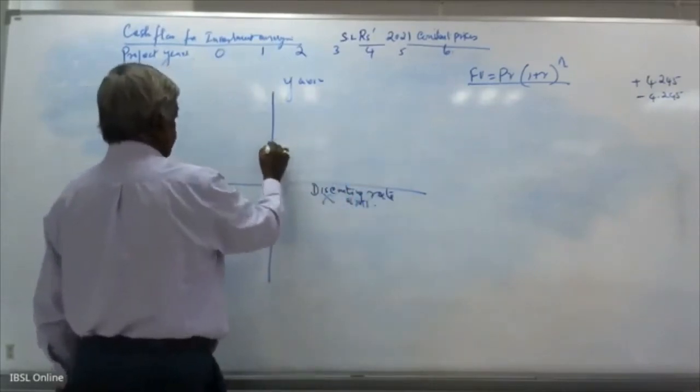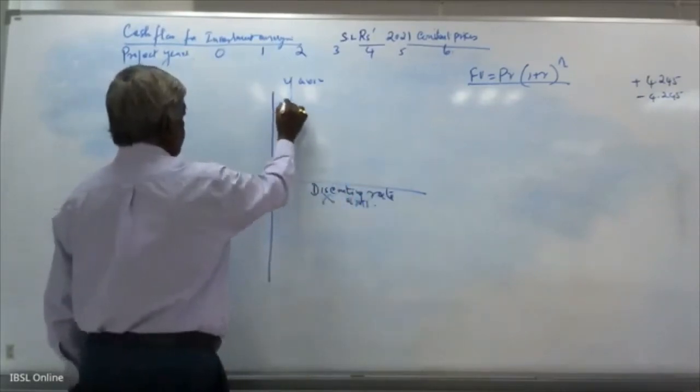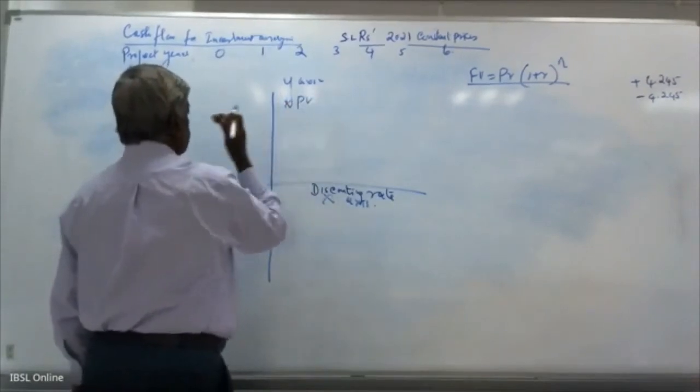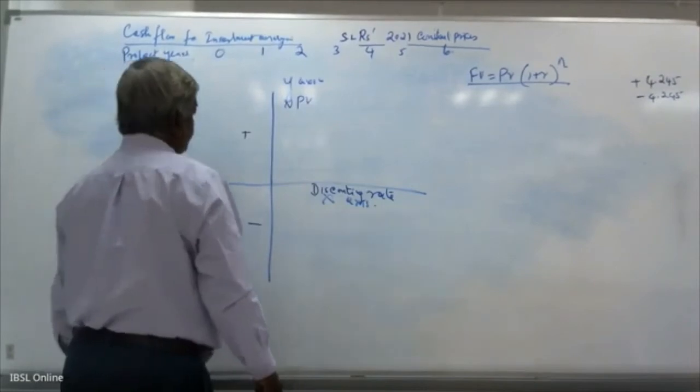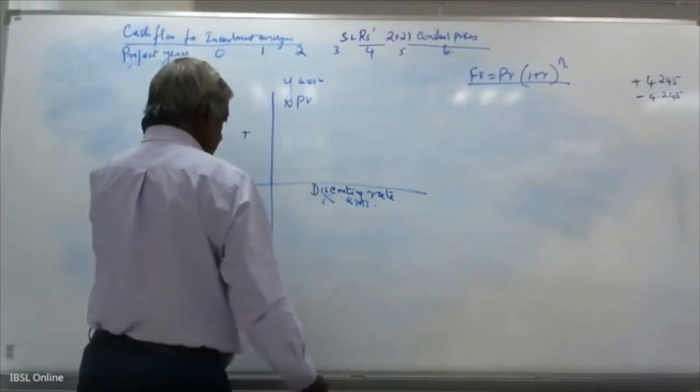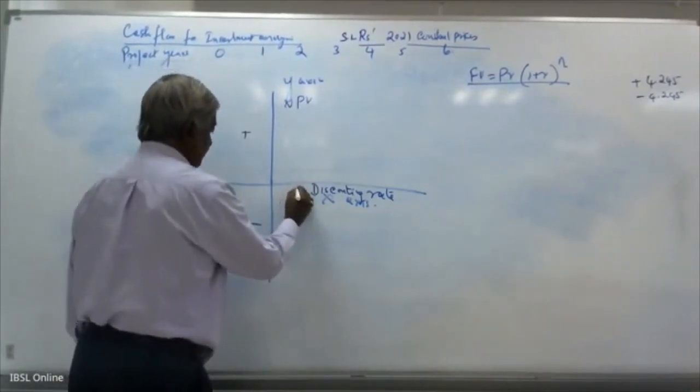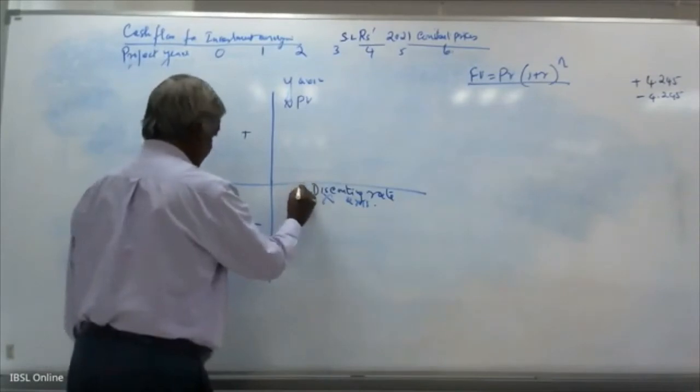On the y-axis we plot NPV. Here this is positive, here it is negative. Here 18%. Now we say 13%.